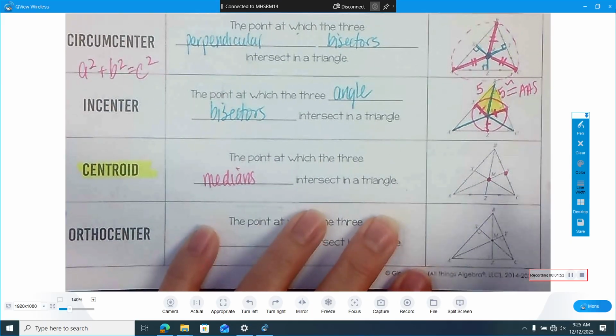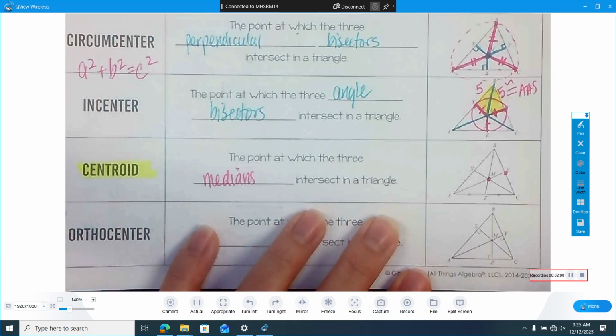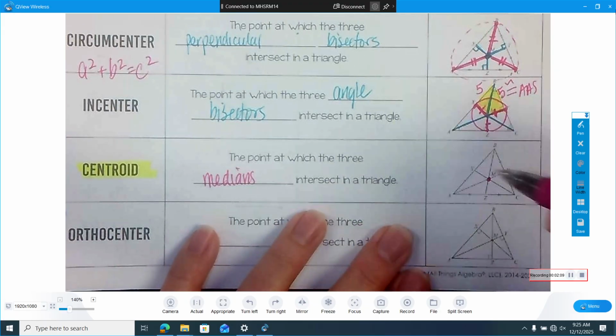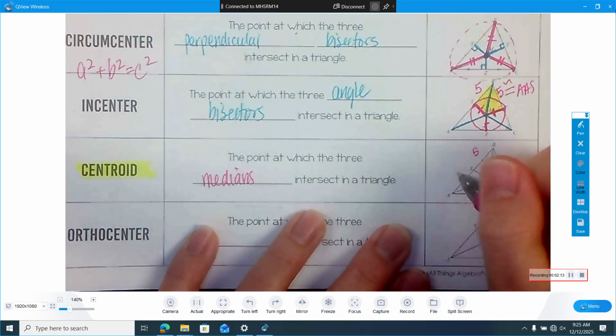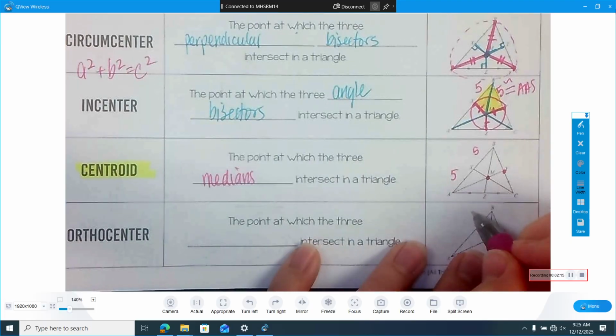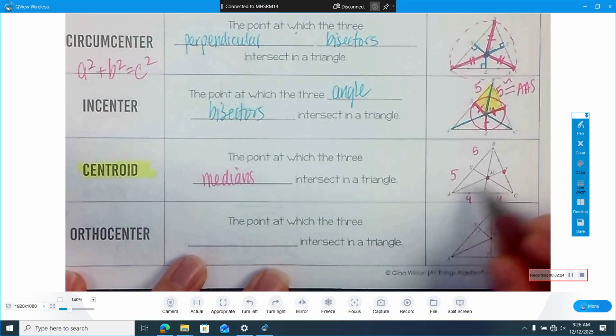And what does this do when we have this centroid point? It was something special about the centroid. Well, let's see. We got a bunch of congruent sides. So, for instance, if this side is 5, what's this segment here? 5. Also 5. Okay. Because they're midpoints. If this side is 4, what's this side? 4. 4. Okay, great.